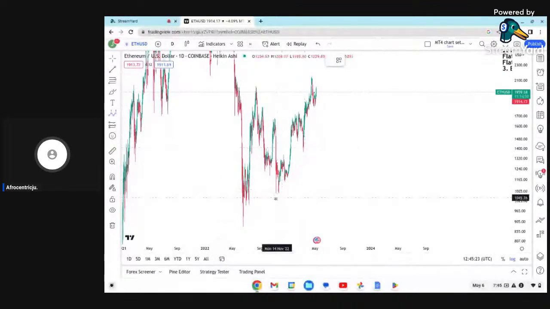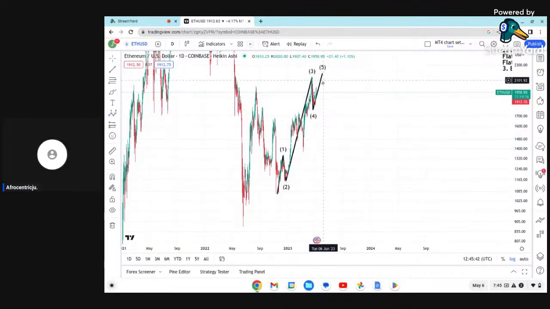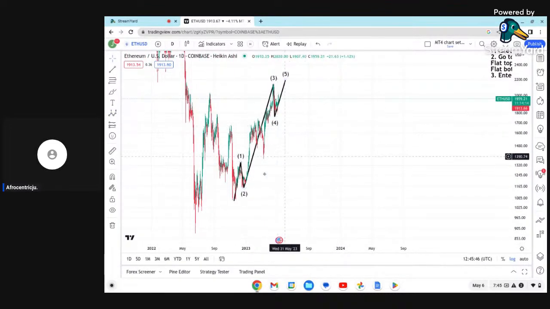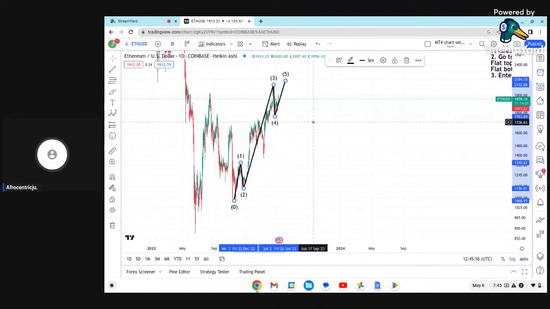Here's maybe a potential 1 here, then I have a 2 right here, my 3, my 4, and then of course my 5 is gonna end up taking out the high. So that's in a nutshell how this looks.